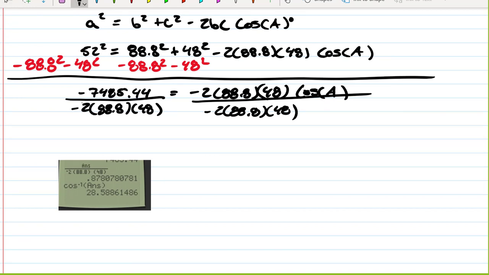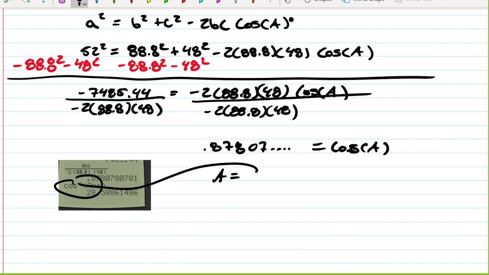So we ended up with 0.87807 equals cosine of A, and then A equals the inverse cosine of this, which is that value right there.